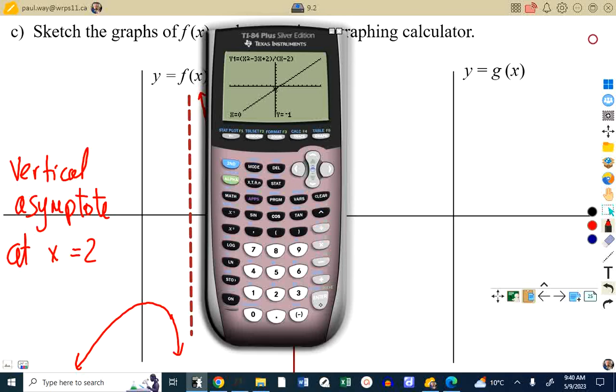If you go trace 2, there's no point. This is something that you want to try to wrap your head around, because if I go trace 1.9999, there's a point at x equals 1.9999. If I go trace 2.000001, there is a point there.